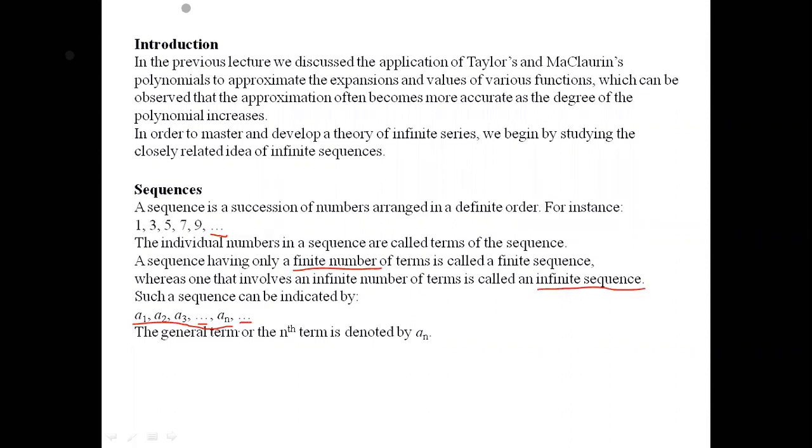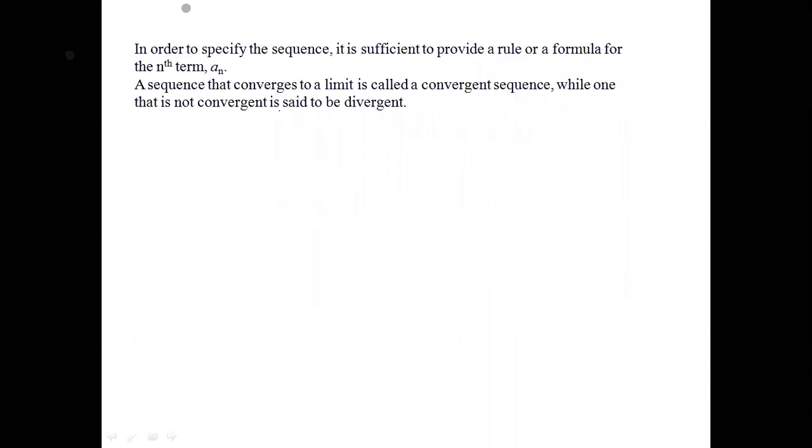The general term or the nth term in this case is denoted by an, as we just mentioned. In order to specify the sequence, it is sufficient to provide a rule or a formula for the nth term.